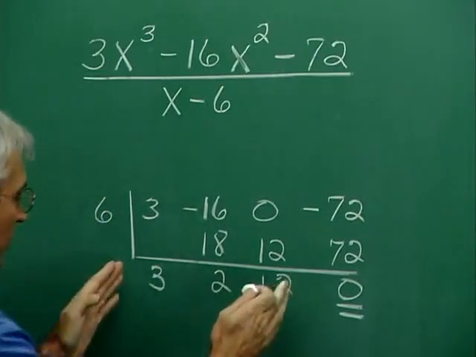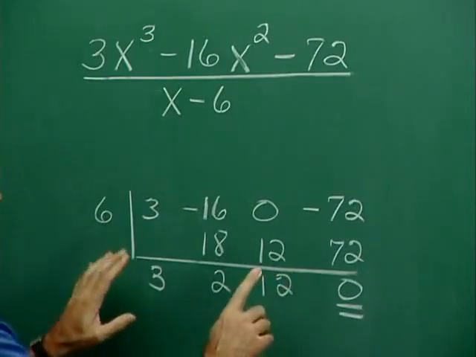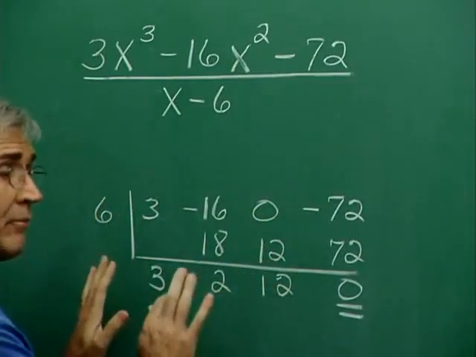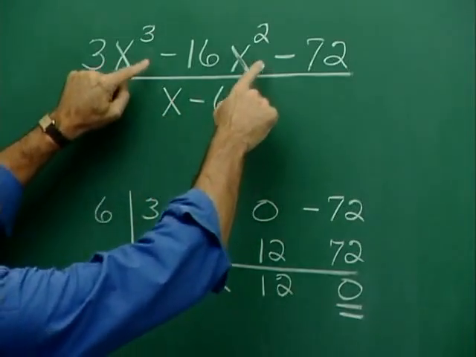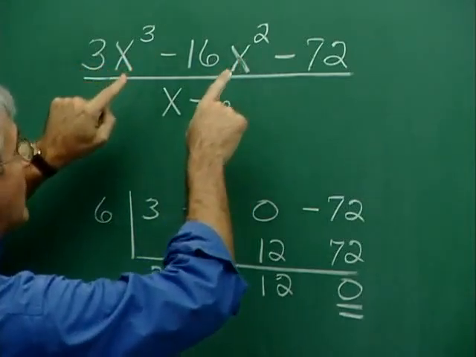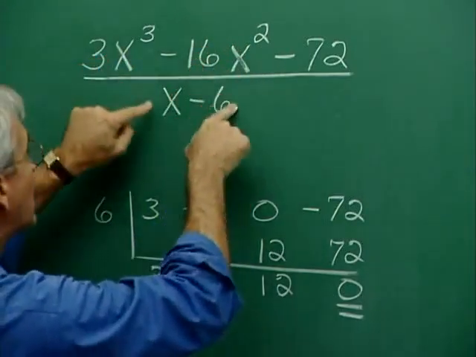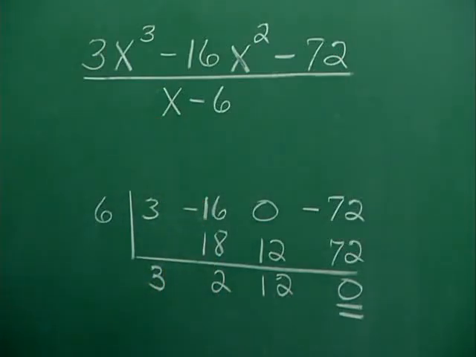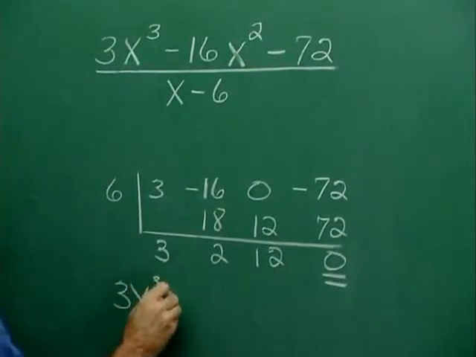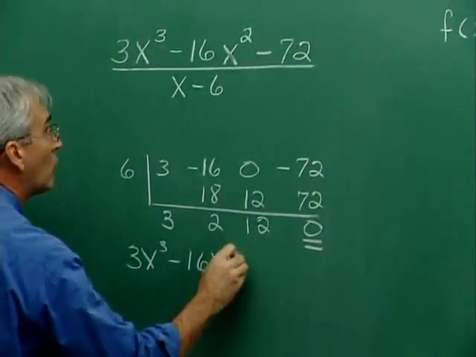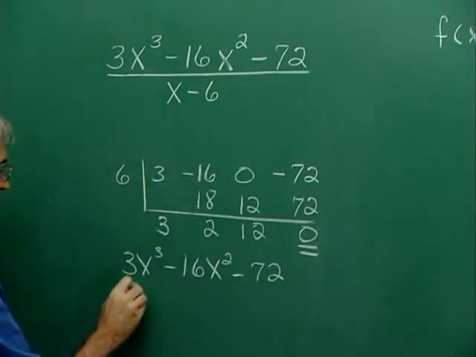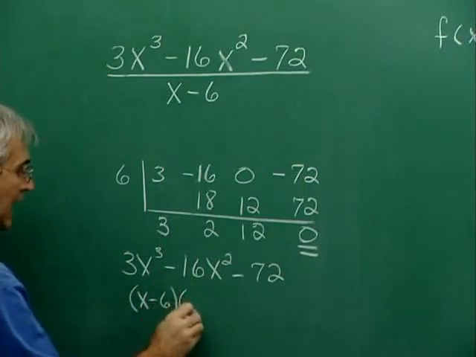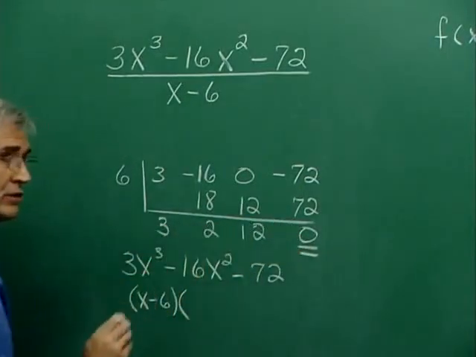Now our answer polynomial is right here, but the fact that our division went evenly implies that we can show a factored form. That is, x minus 6 went into this evenly, and so we can factor that as x minus 6 times whatever our answer was. To emphasize that, 3x cubed minus 16x squared minus 72 can be rewritten as our divisor, x minus 6, times our answer in this synthetic division process.